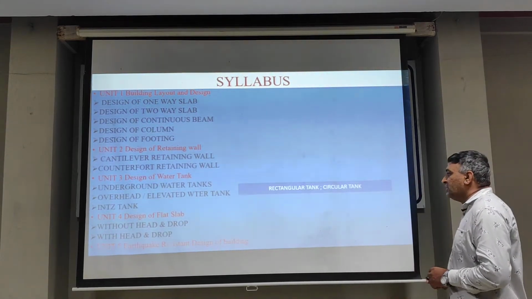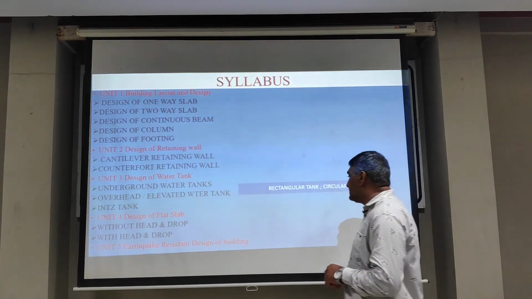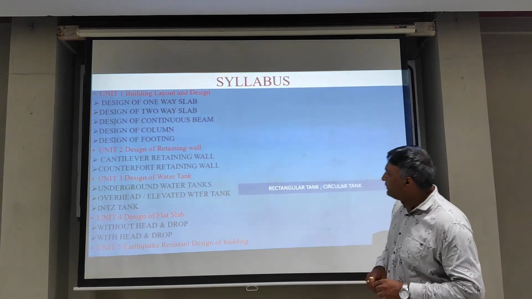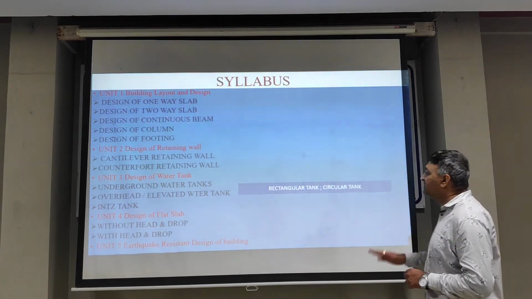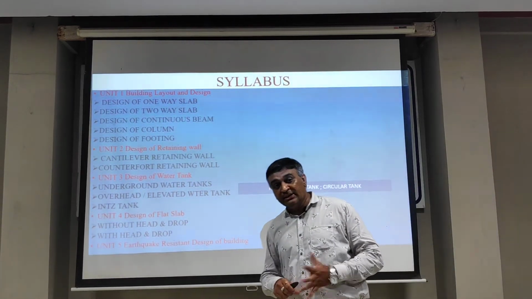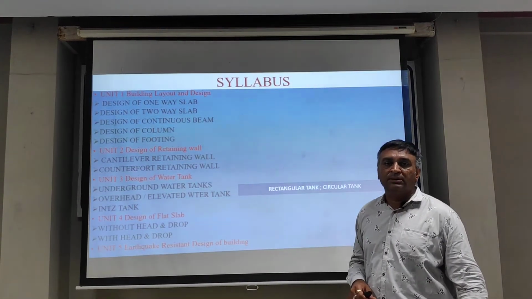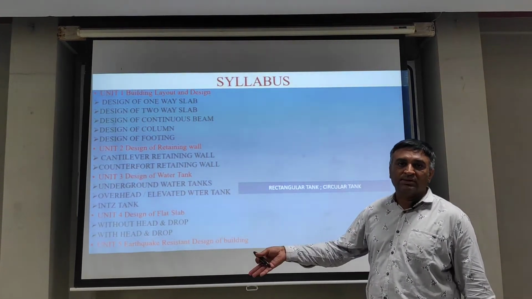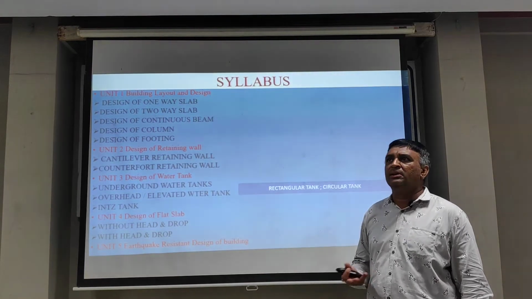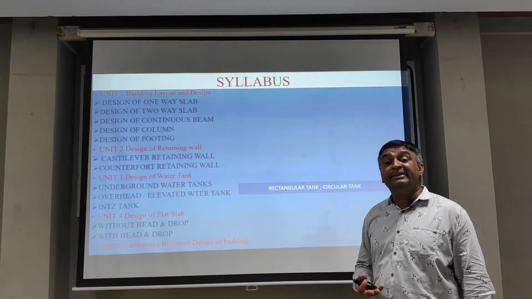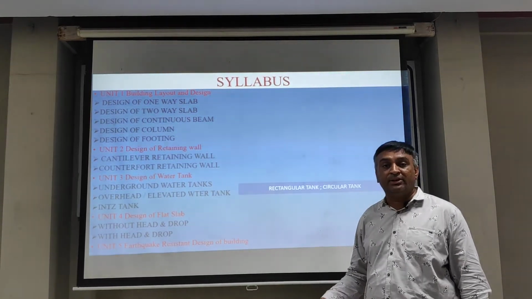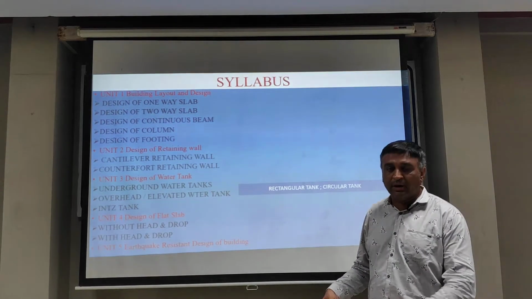Then the last is earthquake resistant design of building. Earthquake resistant design of building, that means what? Nowadays, earlier this month, you can see one earthquake was there with a value of maybe 5.2, and the center of that earthquake was 10 kilometers from our earth level.